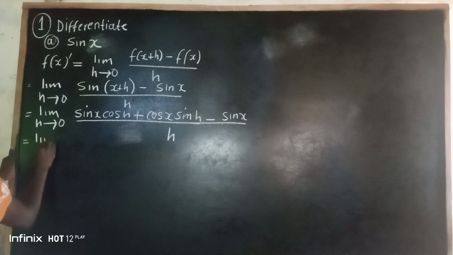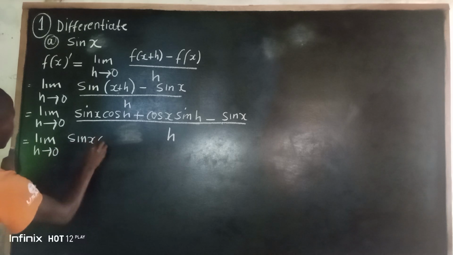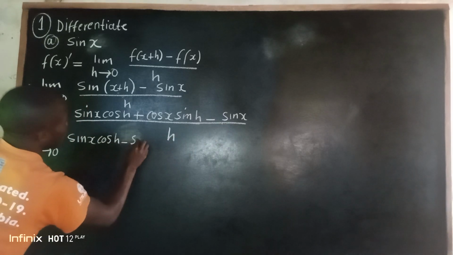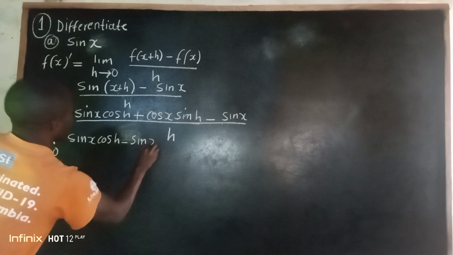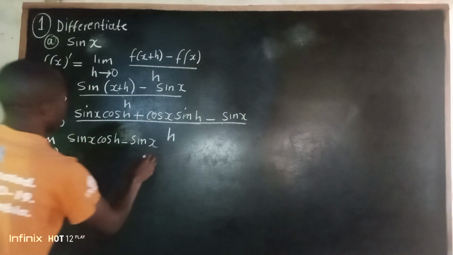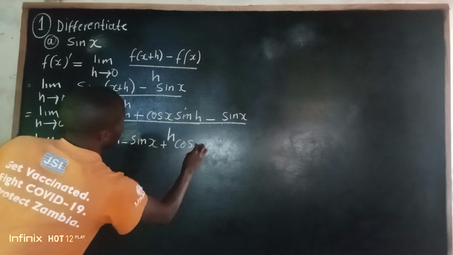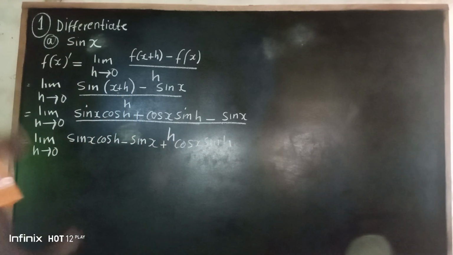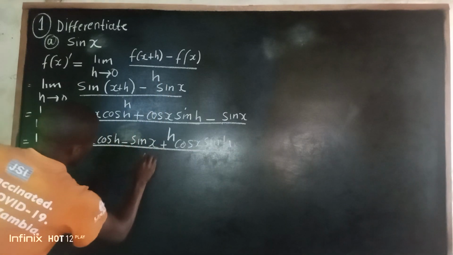So the limit as h approaches 0 of sine x cos h, minus sine x, plus cos x sine h, over h.